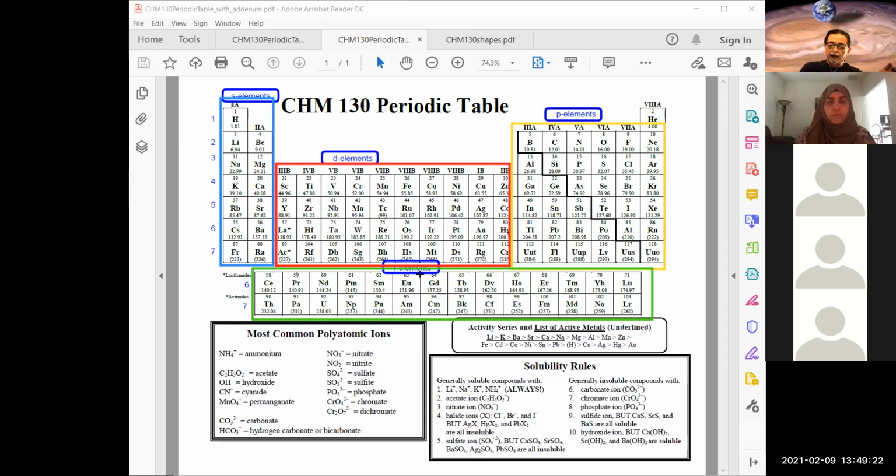Now the ones I labeled F are down here at the bottom. Guess how many columns you find there? 14. So you'll be F1 all the way across to F14. That's where we start dealing with the F orbitals. We're not going to deal a lot with the F orbitals. I just want you to be aware of how many electrons.